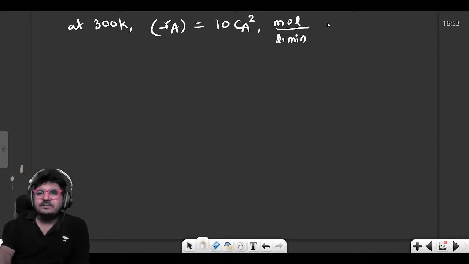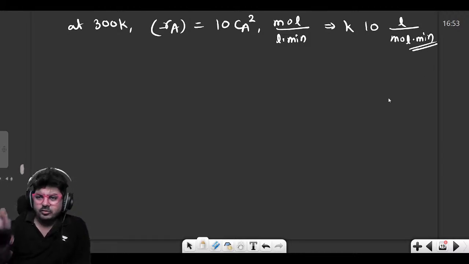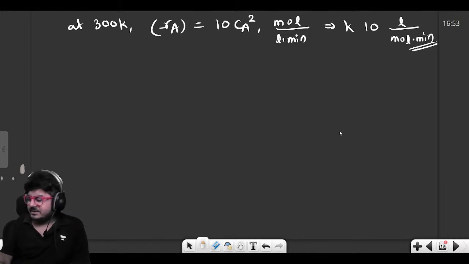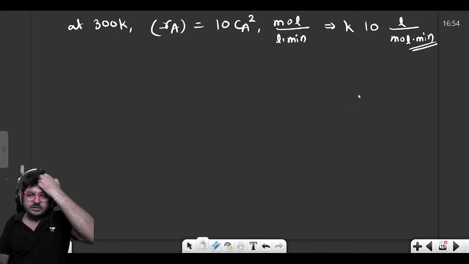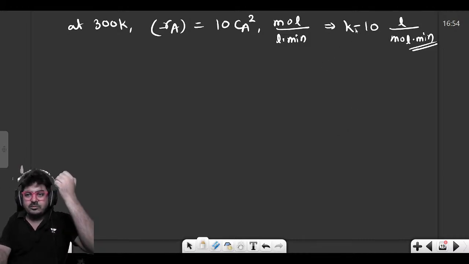So from here you can see K is equal to 10 liter per mole per minute. You know the units of K: concentration units power 1 minus n into time inverse. So here K is equal to 10.